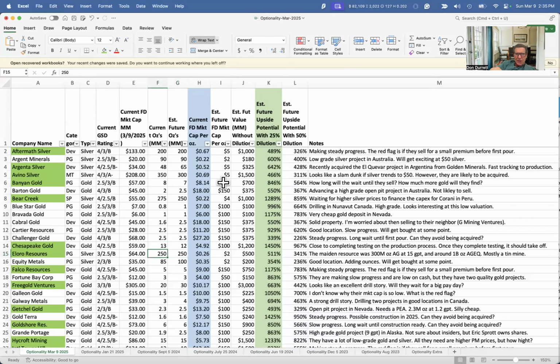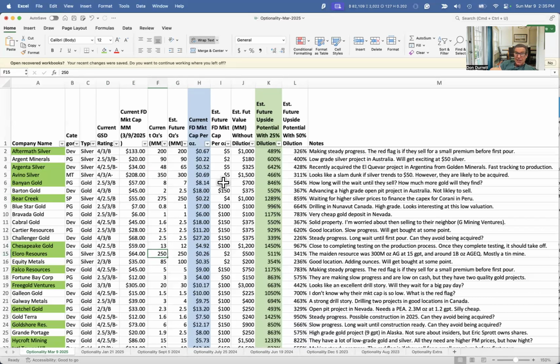El Oro, this is mainly a tin mine. This is silver equivalent, 250 million. I think the silver, they have 300 million ounces of silver at 15 grams. That's probably 50% recovery, which is probably about 150 million ounces of silver.